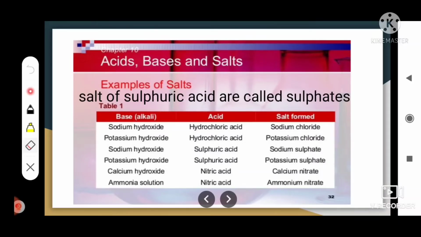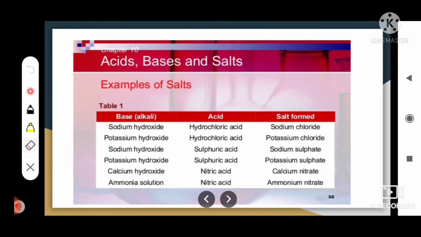And the salts of sulfuric acid are called sulfates. For example, sodium hydroxide reacts with sulfuric acid to form sodium sulfate. Potassium hydroxide reacts with sulfuric acid to form potassium sulfate.